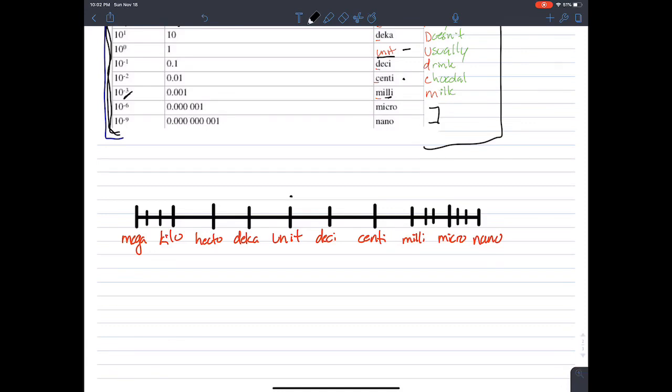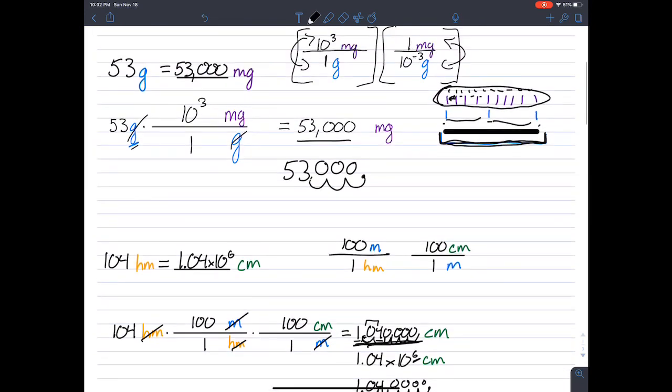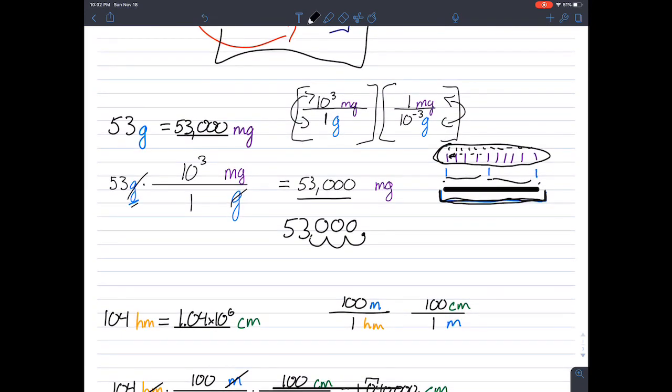We're starting at grams, which would be here. We're going to milli right here, 1, 2, 3. So you move your decimal 3 places and you're going to get the same result. So if you know that a milligram is 10 to the 3rd grams, then you know you can move your decimal 3 places to the right. 10 to the 3rd, positive 3, you move your decimal to the right.